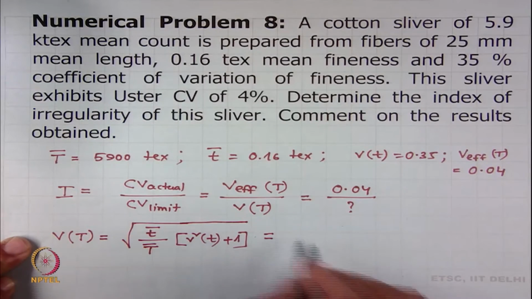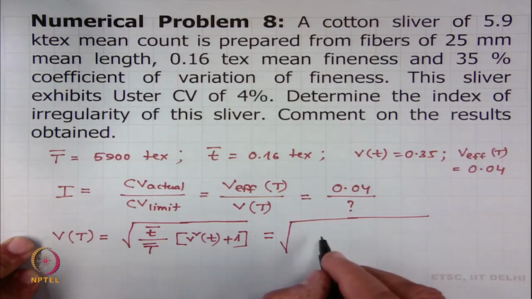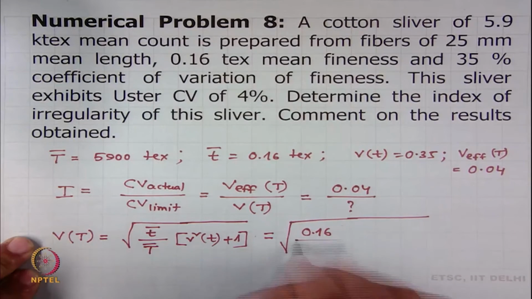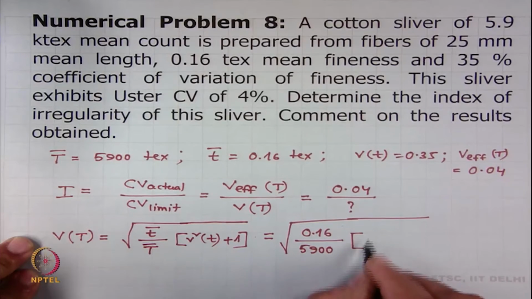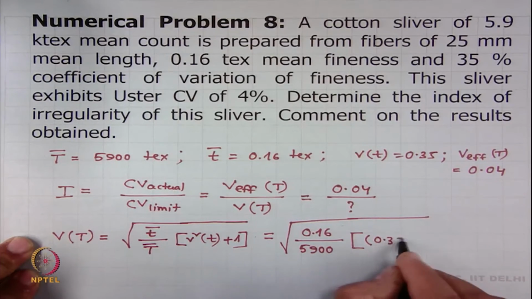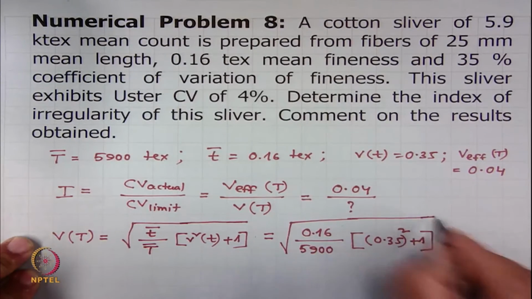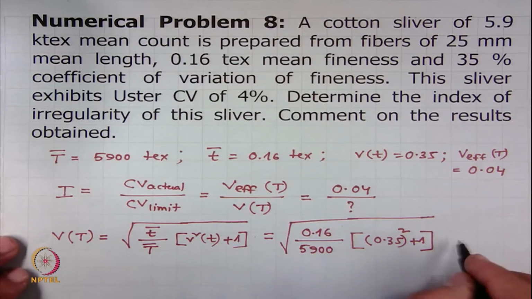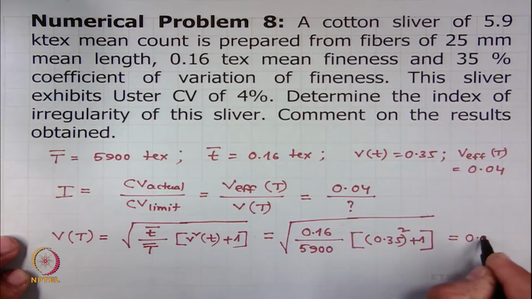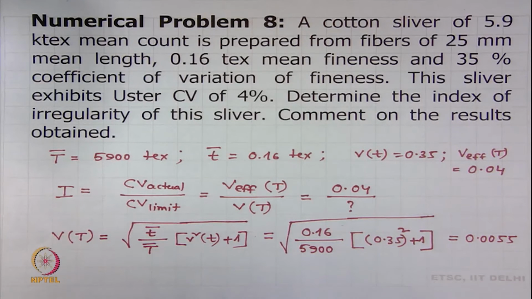Right. This is given 0.16, this is given 5900, this value is given squared, this value is given. So, this will be equal to, we have already solved this problem, 0.0055.